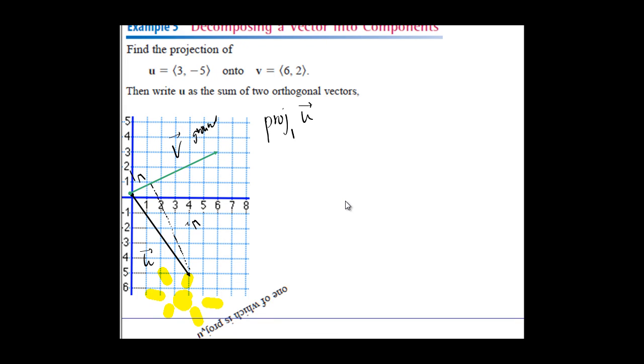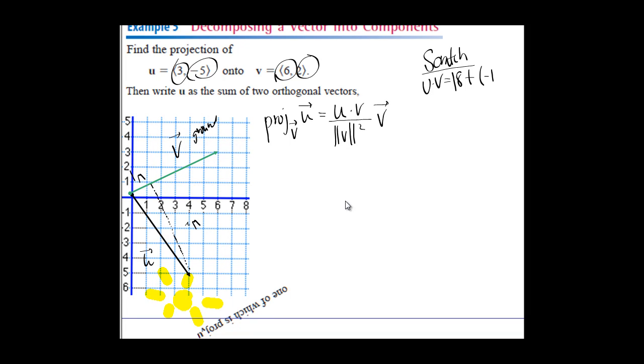All right, so now we can apply the exact same process. Projection of u onto v is equal to u dot v all over the magnitude of v squared times vector v. So u dot v is equal to 18 plus negative 10, so u dot v comes out to 8. The magnitude of v squared is 6 squared plus 2 squared, which is 40.